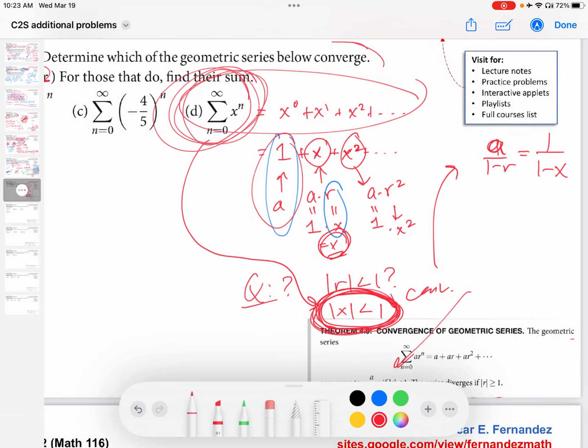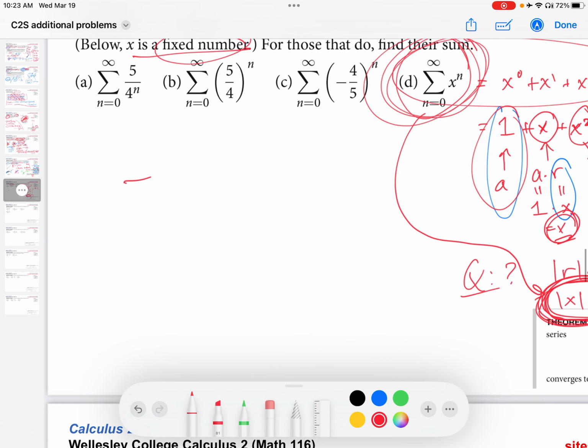So there we go. So the conclusion, which is really cool to highlight, is that this geometric series converges, sums to a over 1 minus r, so long as the geometric series actually converges, right? Which we said happens when absolute value of x is less than 1.